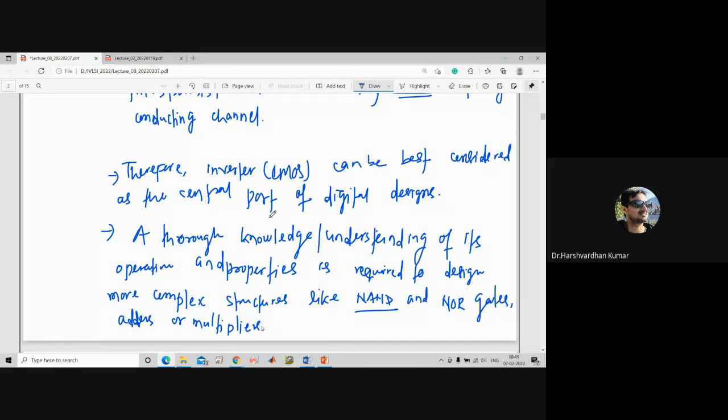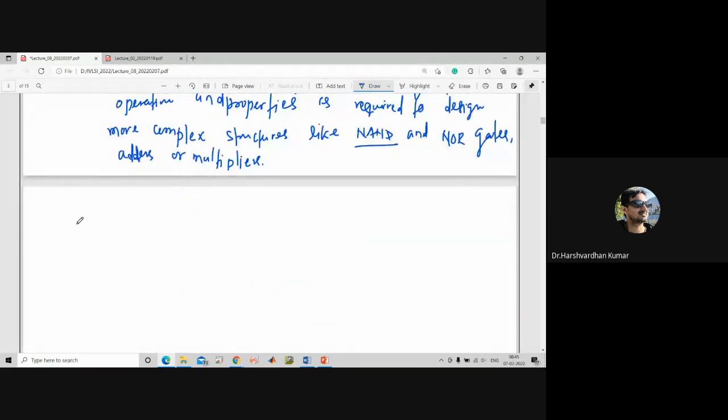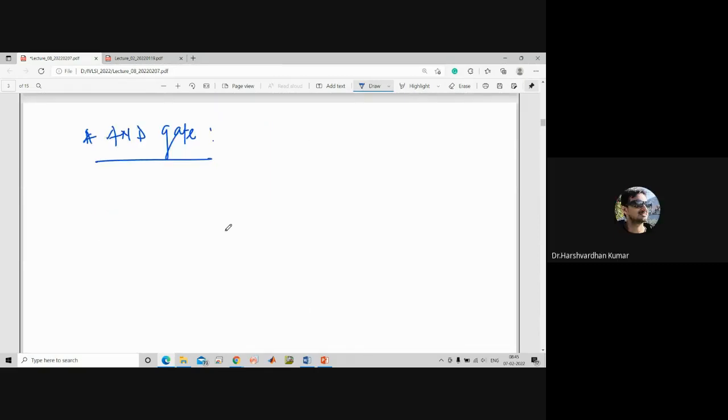Okay, so now let us talk about the AND gate. Just give me 5 minutes. How many inputs are required to form the AND gate? Two, right? So let us talk about the symbol of the AND gate first. Let us say there are 2 inputs, A and B, and the output is F. What is the function for the output?